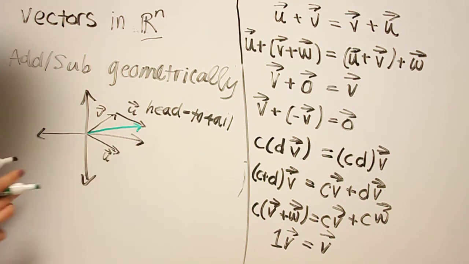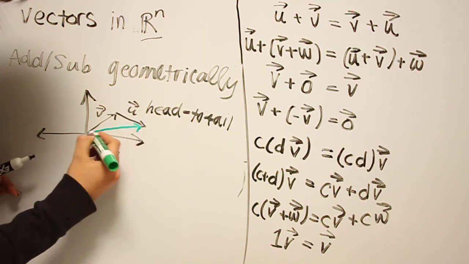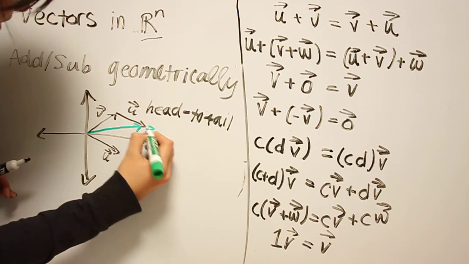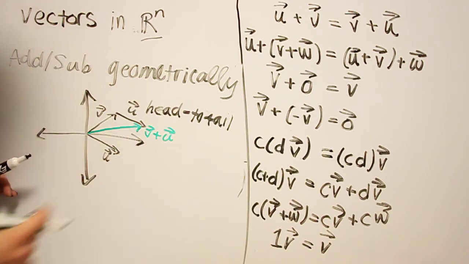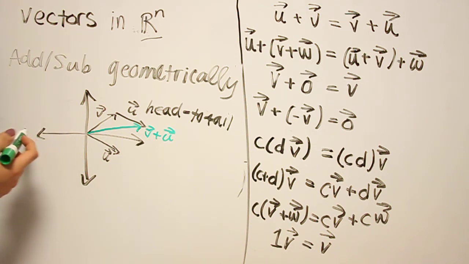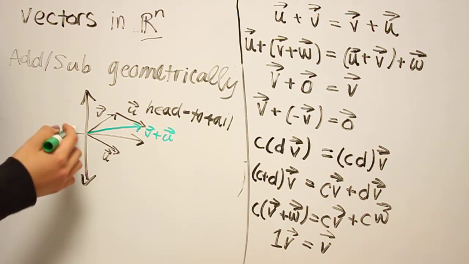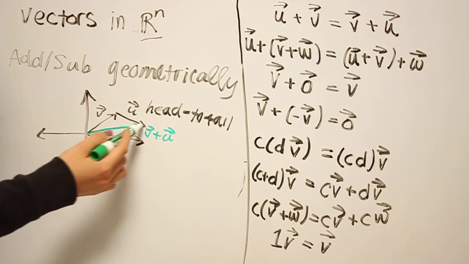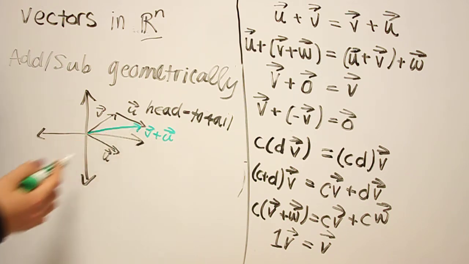And then we just have this, and this vector is v plus u. So I would encourage you to pick two random vectors, calculate them arithmetically, and then graph them like this, and see if the sum you get arithmetically is the same as geometrically.